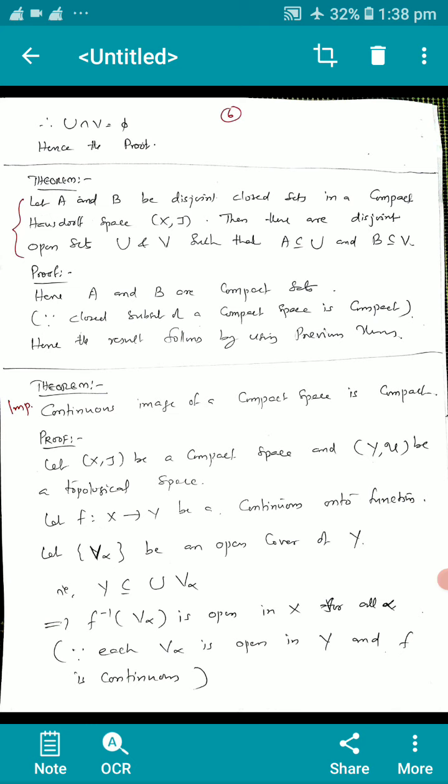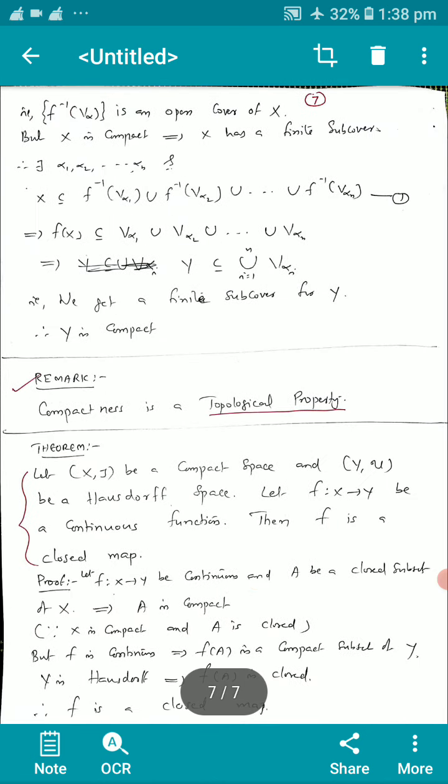This implies f inverse V alpha is open in X for all alpha, because each V alpha is open in Y and f is continuous. That is, the collection f inverse V alpha is an open cover of X, but X is compact. That means X has a finite subcovering.